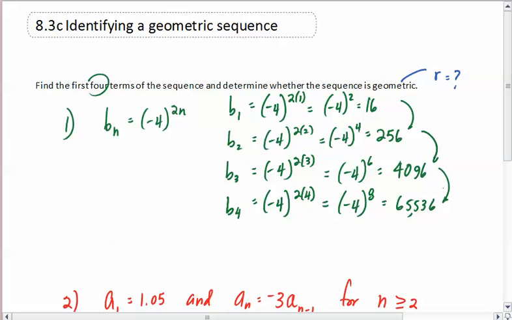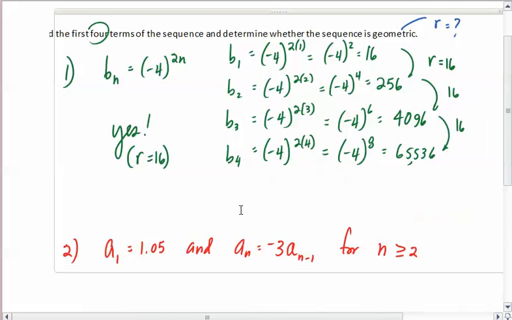Well, it looks like my r is 16, so we're multiplying by 16. And so we're going to say yes, this is a common ratio. This is a geometric sequence. I'm going to state the reason: because the r is 16, we did find a common ratio. There's the proof. Okay, let's go ahead to the next example.